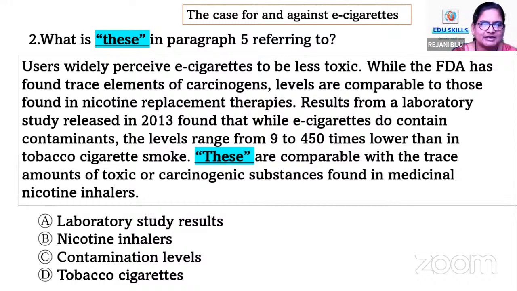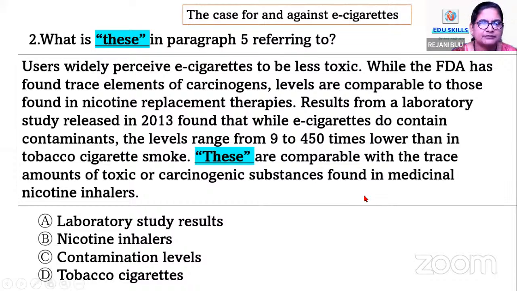Okay. So option A is laboratory study result. Where is it given? It is given in the beginning of the sentence. Result from a laboratory study released in 2013 found that, and that particular part we are not considering to find the answer. Then after that, what is given, in that it is not given. Okay. Then nicotine inhalers. Where is nicotine inhalers given?